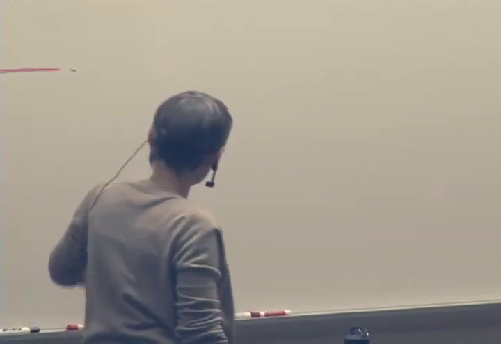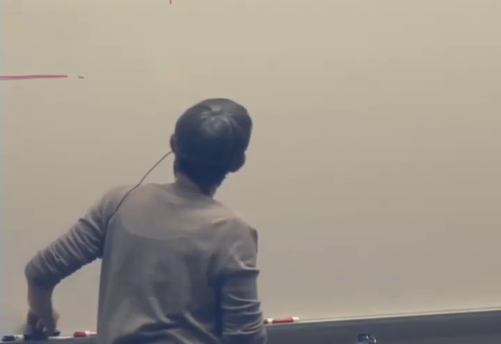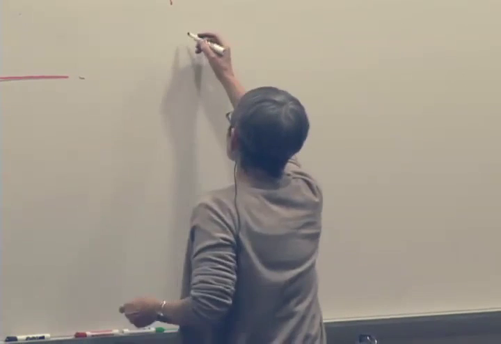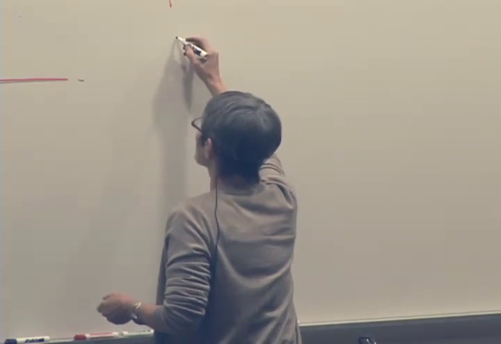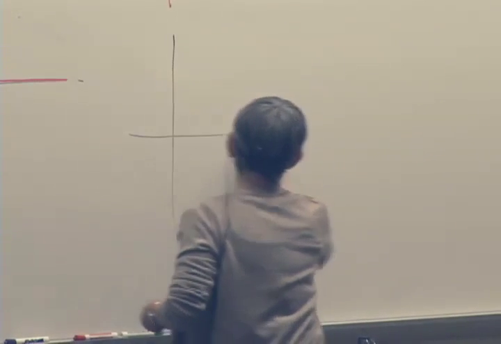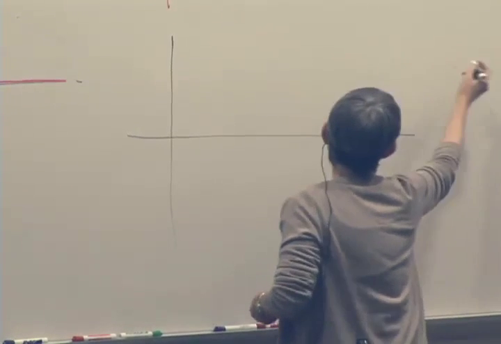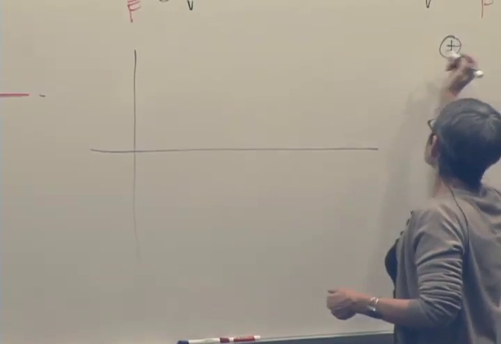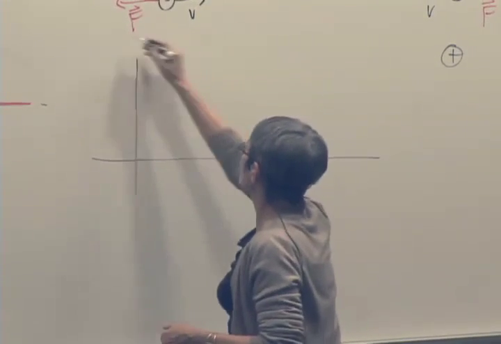All right? Now, what would happen if this was, what if there were a proton and an electron? Yeah, so let's think about proton plus electron. We'll draw it over here. So this would be positive. That would be negative.